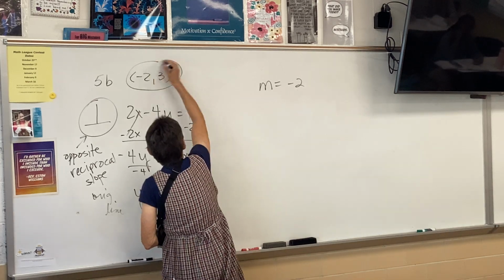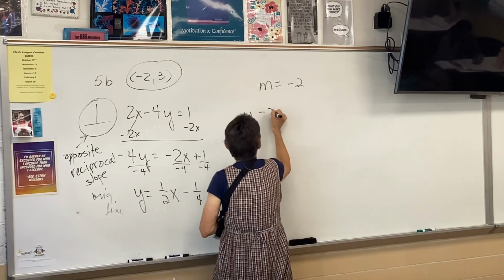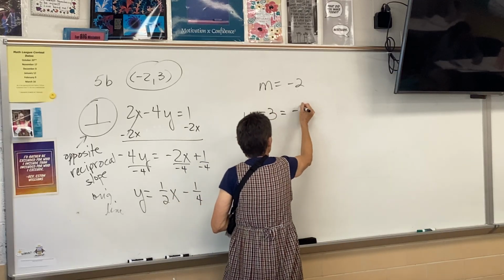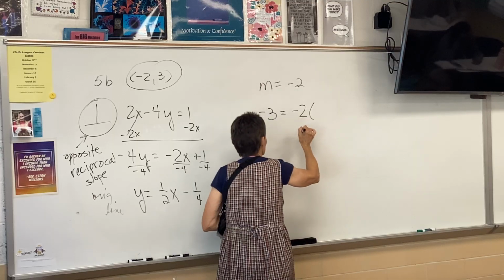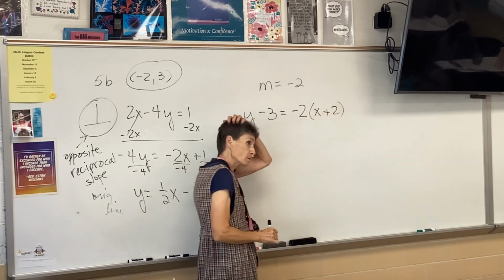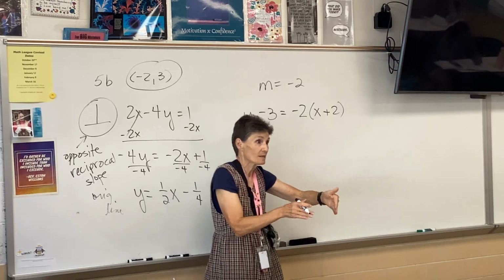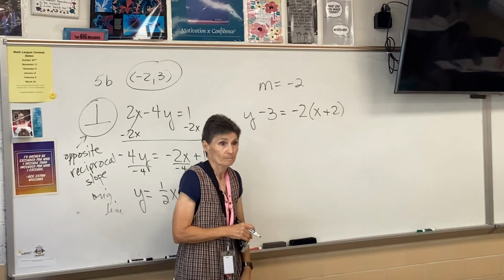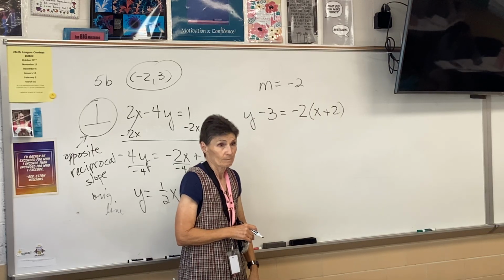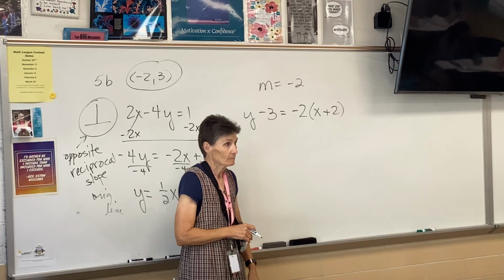Here's my point, I don't have a choice, that's the only point I've got. Y minus 3 equals -2 times x plus 2. That's a plus 2 because it's x minus negative 2. Right?